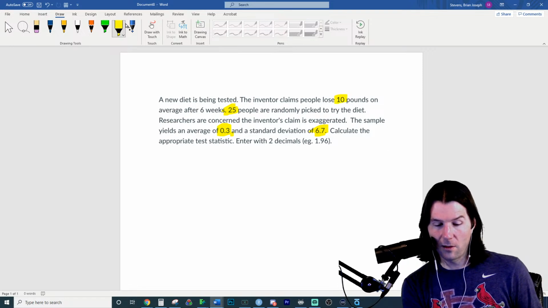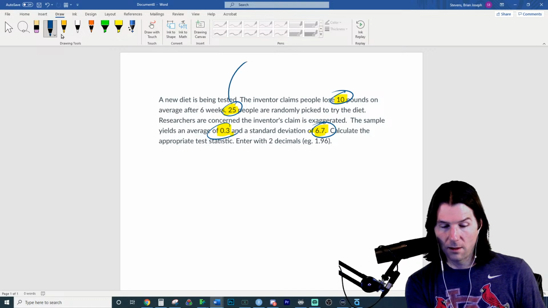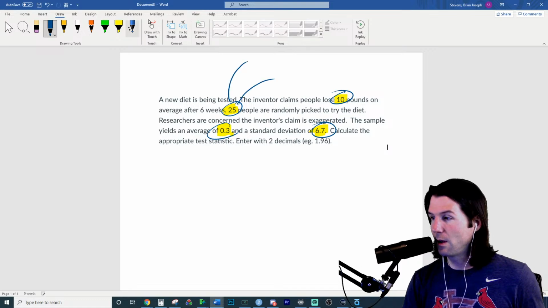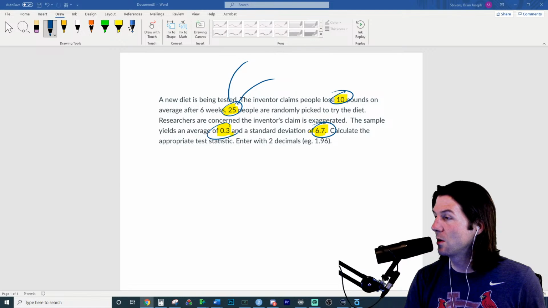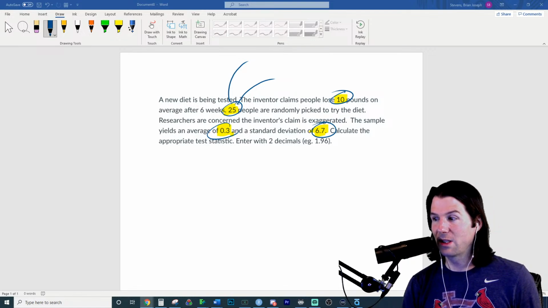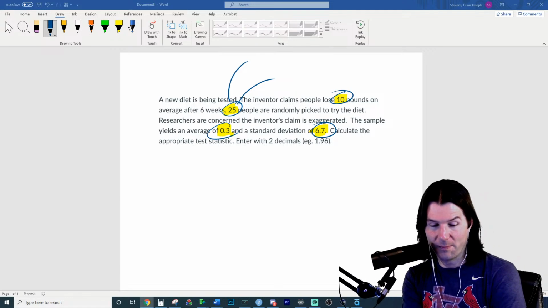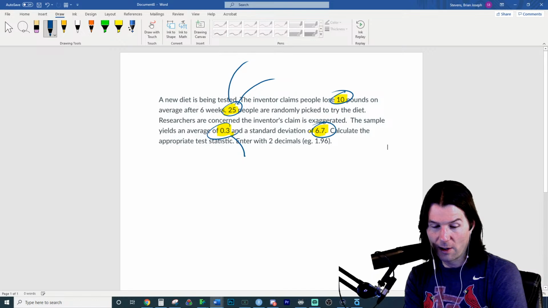Claims to lose 10 pounds. Yeah, Ella, I think you got everything correct. I thought it was weird, but apparently I haven't seen enough versions of this question. I think this is one of the ones that can generate different answers, so there's no static answer to this one. It sounded weird. Yeah, it's just a very low value.